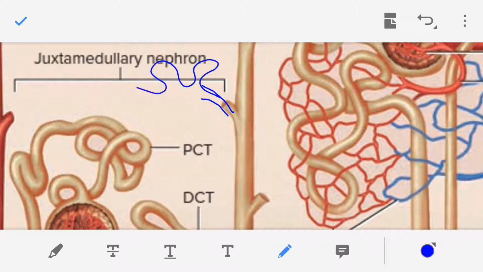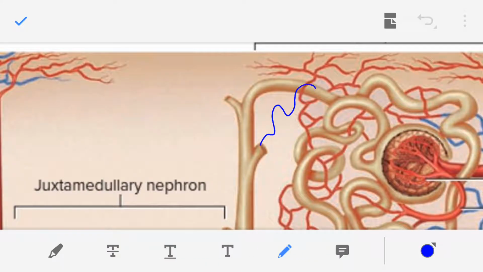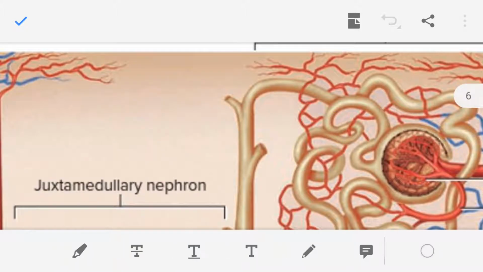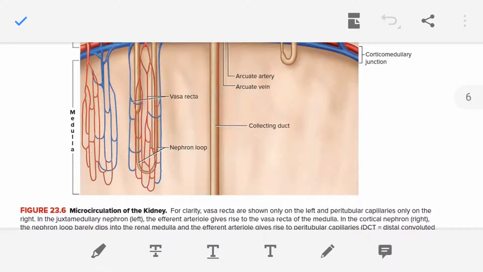Let's say this is the DCT of another nephron, opening here; here one DCT is opening, and here also the DCT of another nephron. So many DCTs are opening into a single collecting duct.